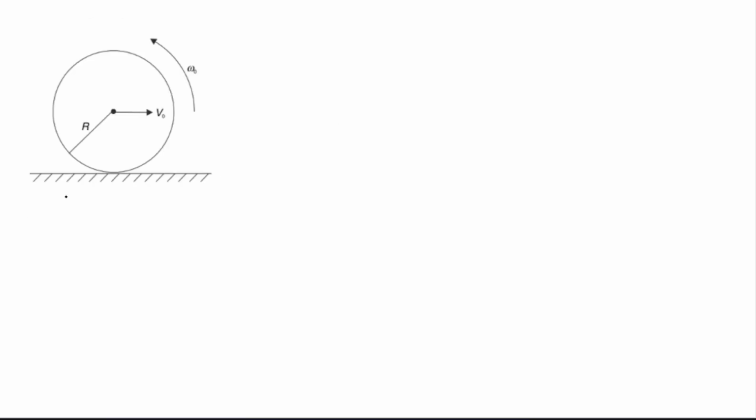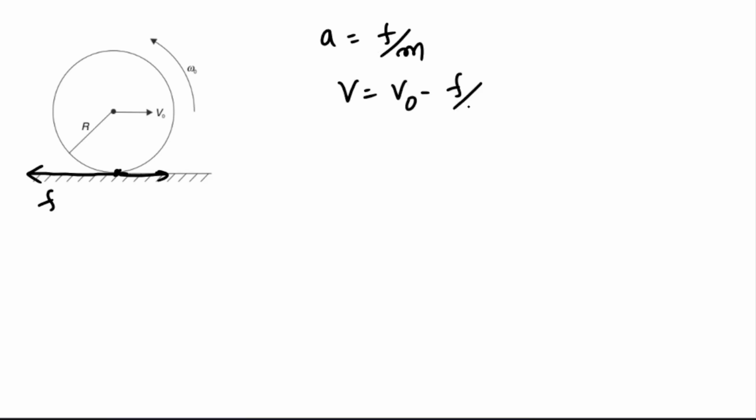So the moment it touches the ground, what will happen? Look, what will act here? Friction. Because this point has net velocity in this direction, friction will act here. So acceleration will be f by m, and because of this velocity is going to decrease, v naught minus f by m t. And omega can be written as, initially omega will be what? Omega is in the anti-clockwise direction and torque will act in which direction?